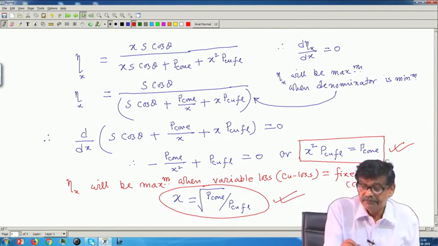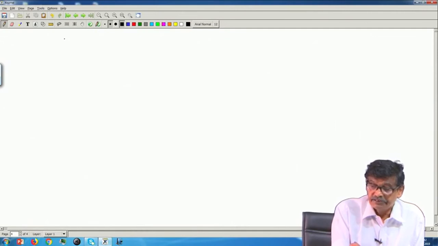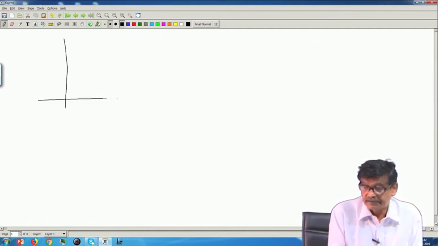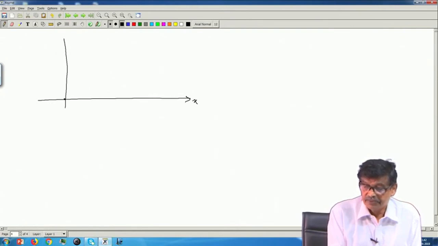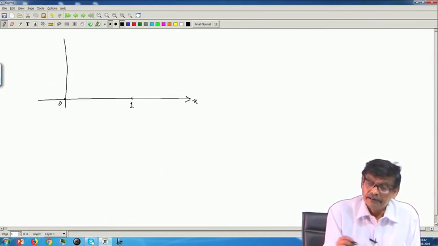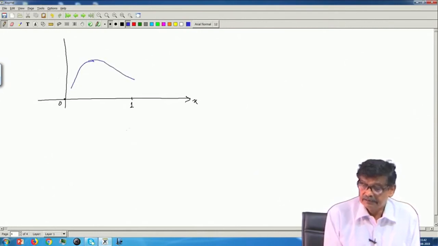That is, if I go to the next page, as I was telling, the efficiency versus degree of loading curve, it is 0 here, the degree of loading is 1 here, then the efficiency curve will be somewhat like this, it then decreases, okay.